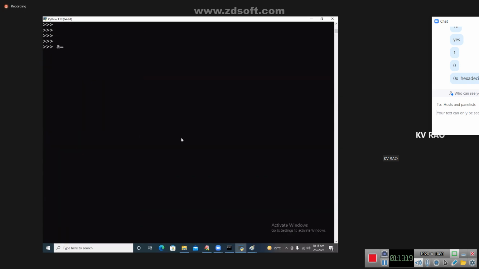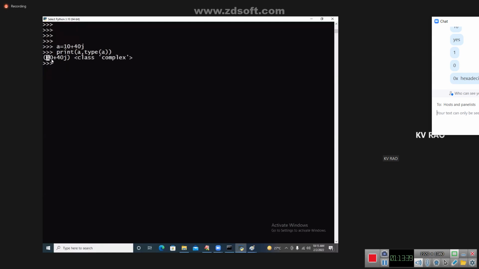Let us take A is equal to 10 plus 40J, print of A, and the type of A. So you see, I got 10 plus 40J, and the class is complex. 10 plus 40J, class is called complex. What is this 10?